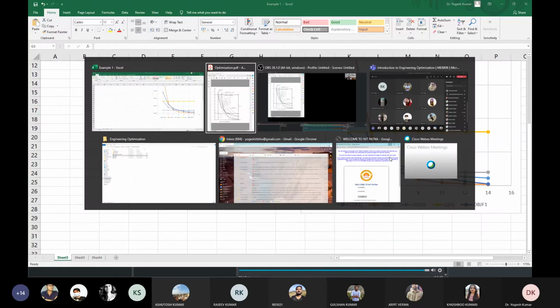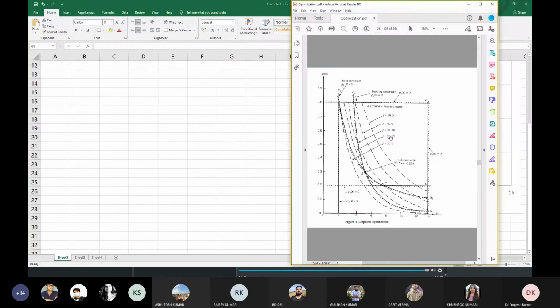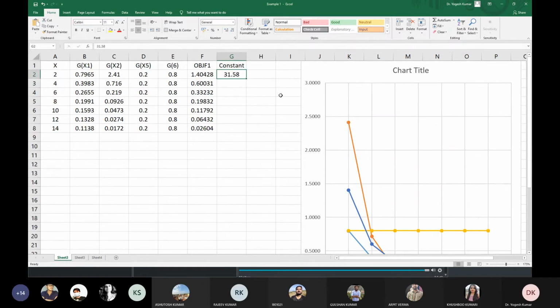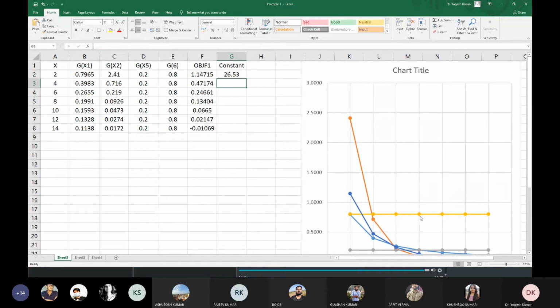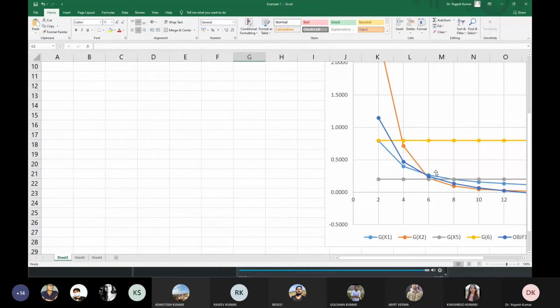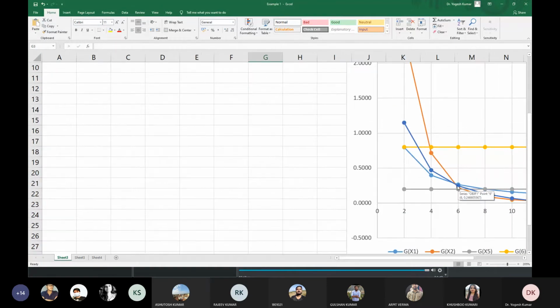Okay, then what is the next value? It is 26.53. Let us put it here. Now we can see from the constraint surface, we have no free point from the constraint area beyond this point.